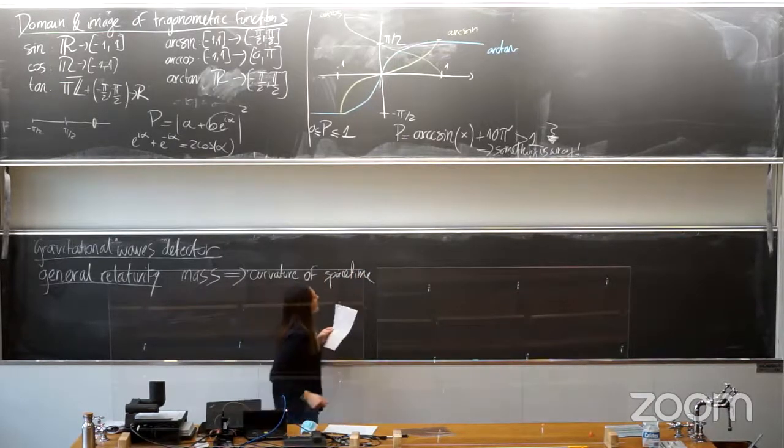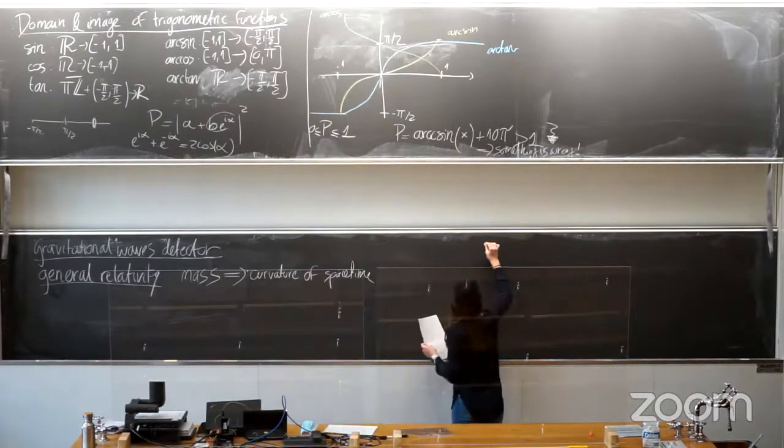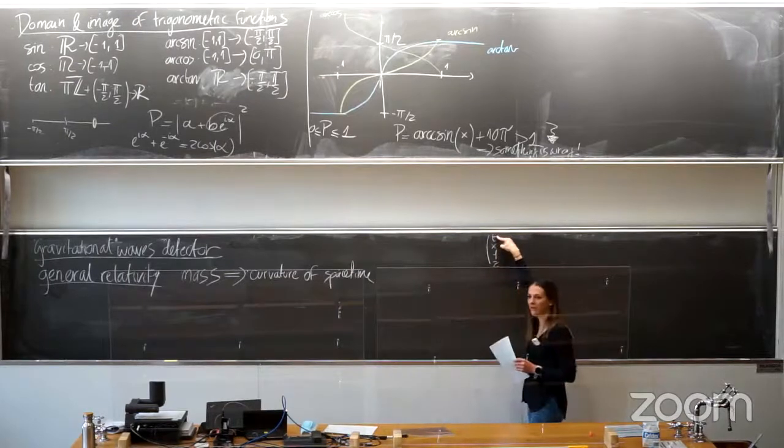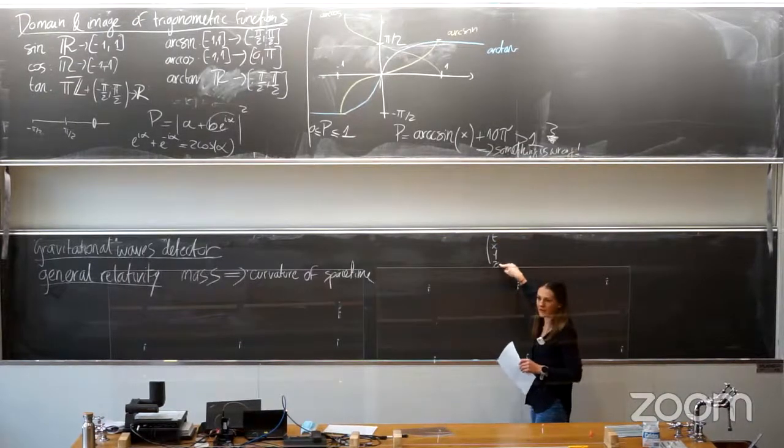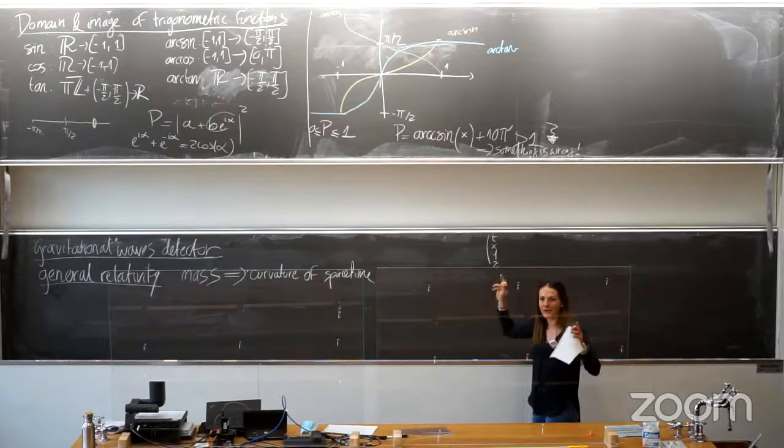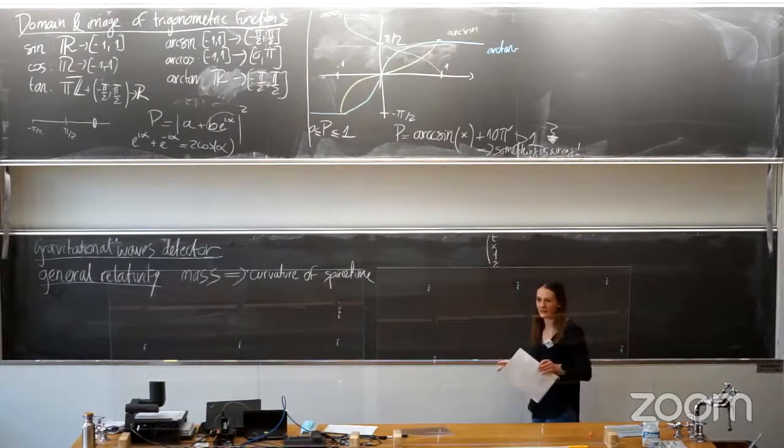And with space-time, I mean a vector which includes the coordinate of time and then spatial coordinates, which in our real world is x, y, z, three dimensions.